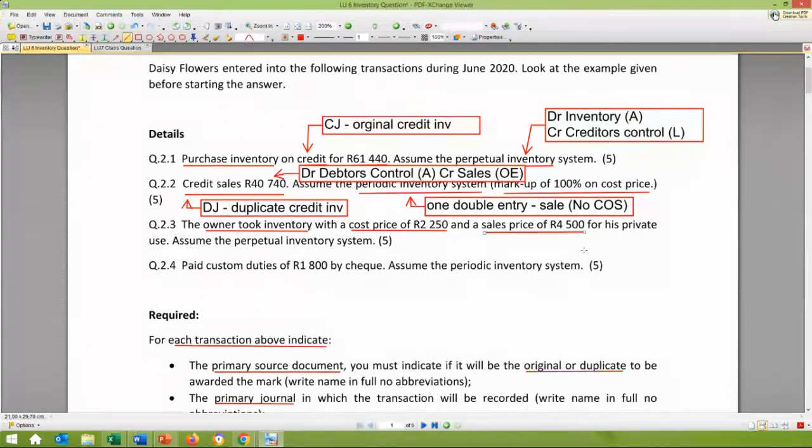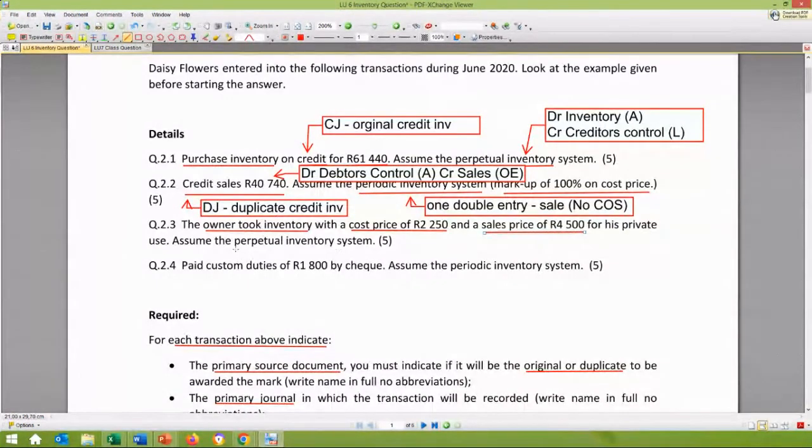If our owner takes inventory out of our stock, at what value will we remove it in our accounting records? Okay, that's absolutely correct. At cost, we will remove it at cost. So what they're doing here is they're giving you the cost price and the sales price to confuse you, to see if you know that.